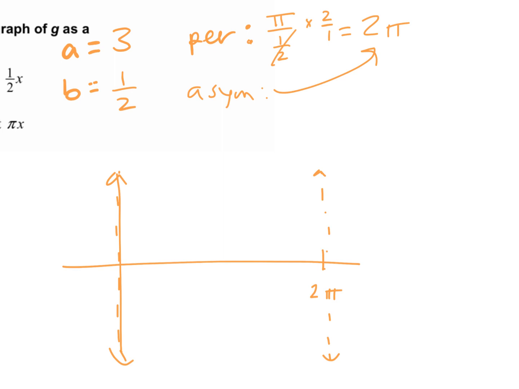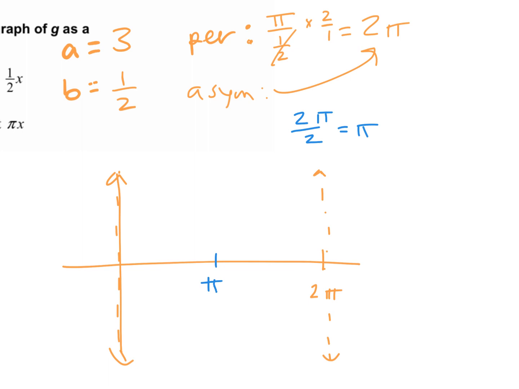Now we want to find our increments. So we want to find what halfway in the middle from 0 to 2 pi is. How can we do that? Divided by 2. So 2 pi divided by 2 would give us just pi.